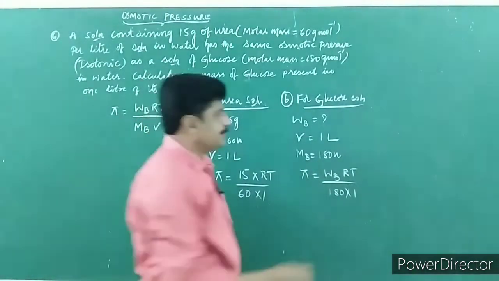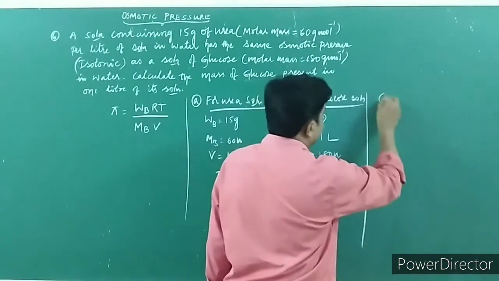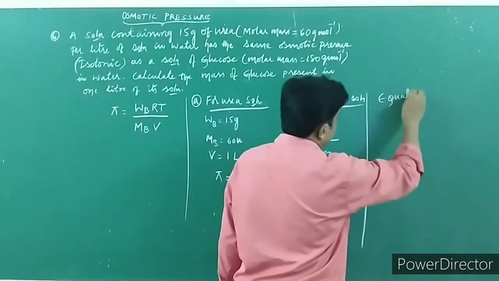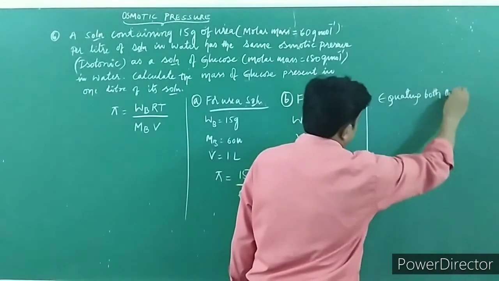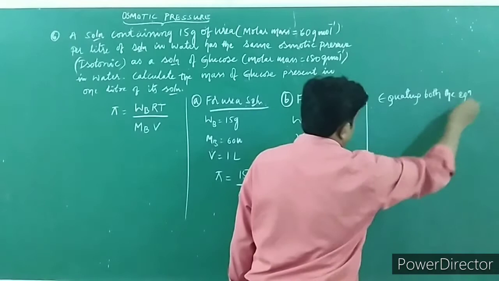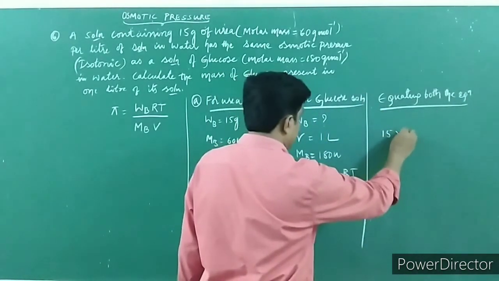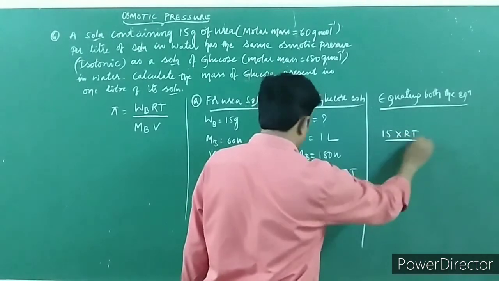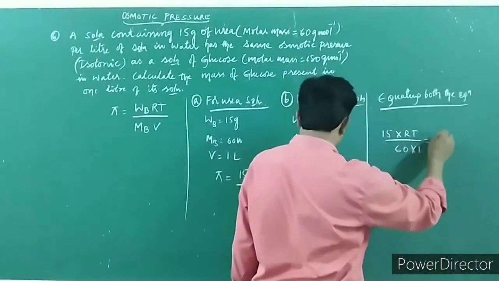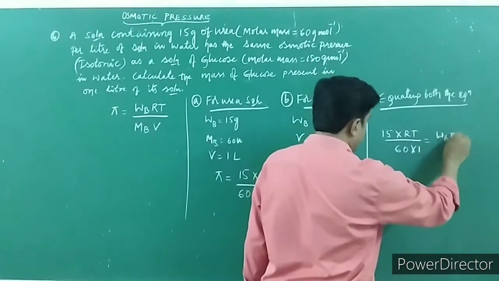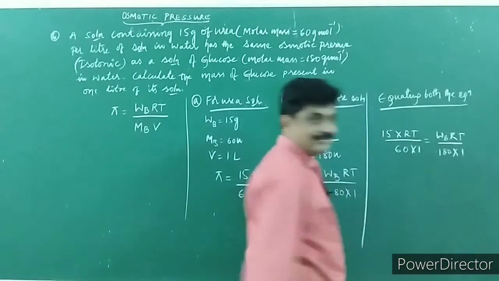Please look here. Equating both the equations: 15 into RT upon 60 into 1 is equal to WB RT upon 180 into 1.